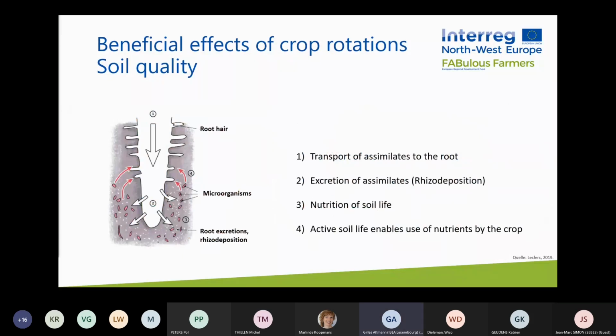Well, the diverse soil life then in return is enabled by the root growth, and as you can see in this picture, the roots and the different root types supply soil life with various assimilates from photosynthesis, and they are excreted into the soil via rhizodeposition, and this leads to the nutrition and then to an increase in diversity and quantity of soil life.